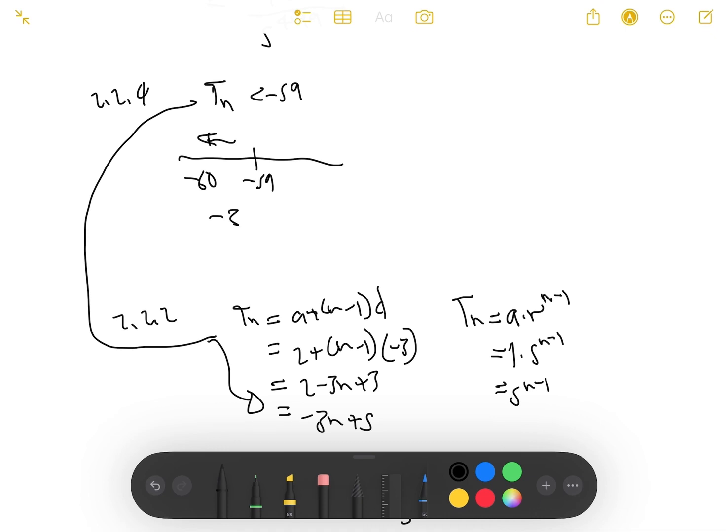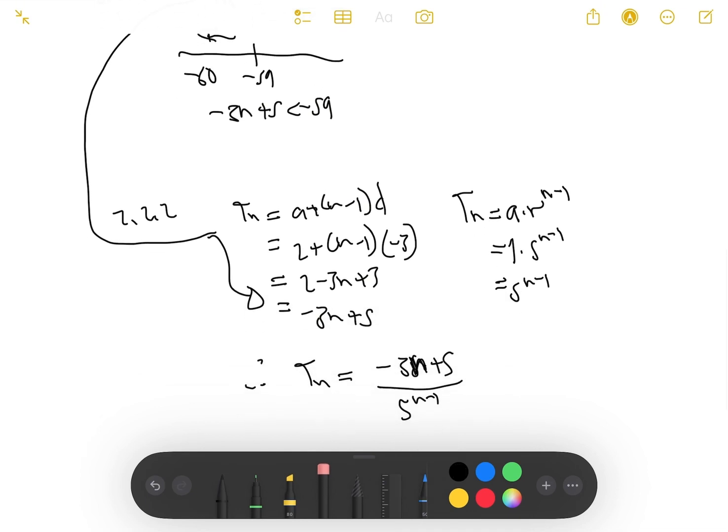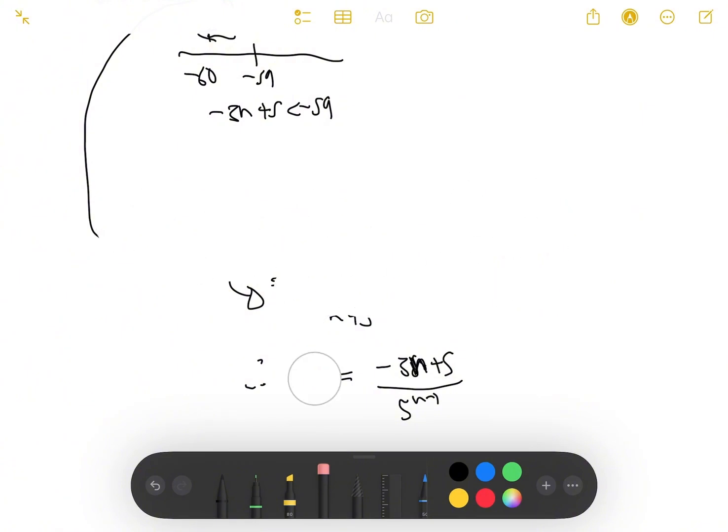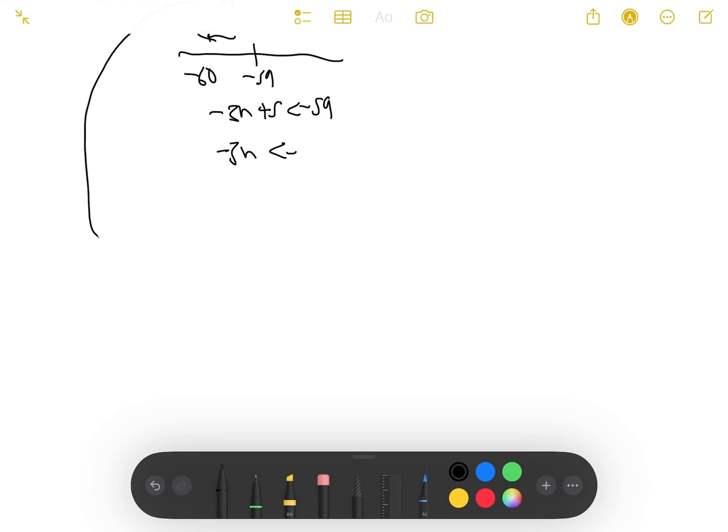So they're asking us about all of those numbers. We basically end up with negative 3n plus 5 being less than negative 59, right? From there you can do your basic mathematics, and we get negative 3n less than negative 64.